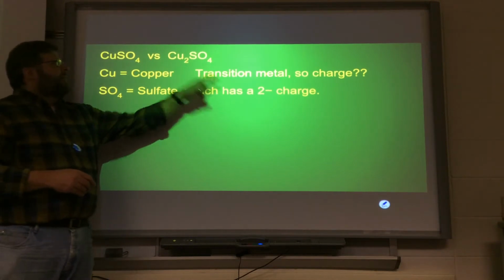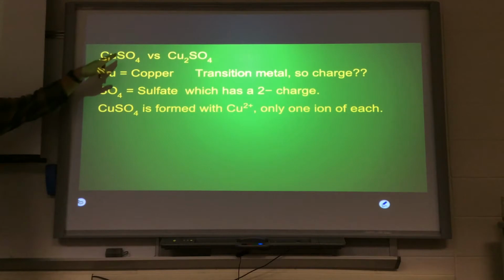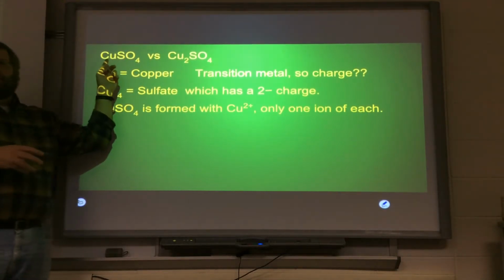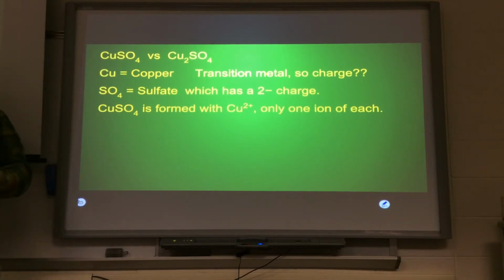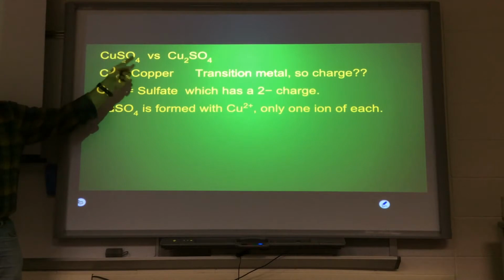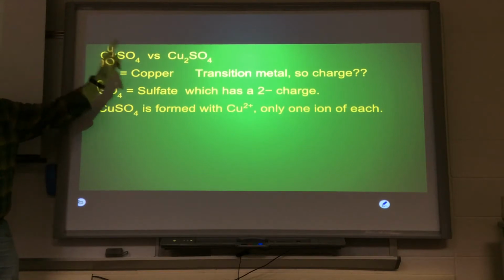All right, so if I'm looking at my 2 compounds then, if I've got CuSO4, I've got 1 copper combining with 1 sulfate. And I know my sulfate's bringing a -2 charge to the party. Copper has to be a 2+ then. It has to be. Because a 2+ and my 2- will cancel out, and that's what allows this compound to exist. 1 copper, 1 sulfate.